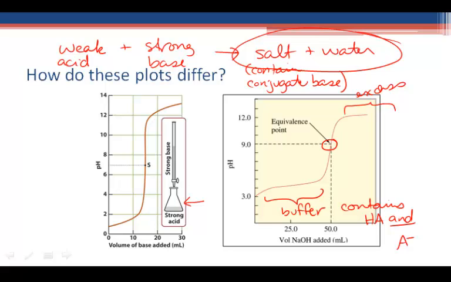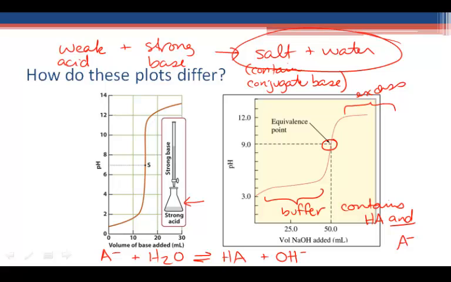Think about that point though, that equivalence point for a moment. Now we have just that conjugate base. And we know that that conjugate base can react with water in an equilibrium reaction, okay, to form that OH, hence our pH is above 7. And notice now a couple things.